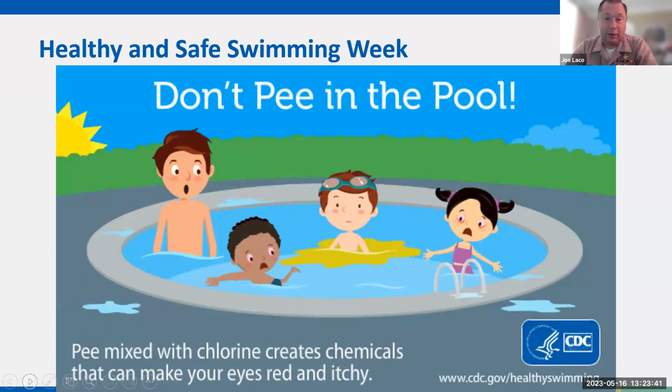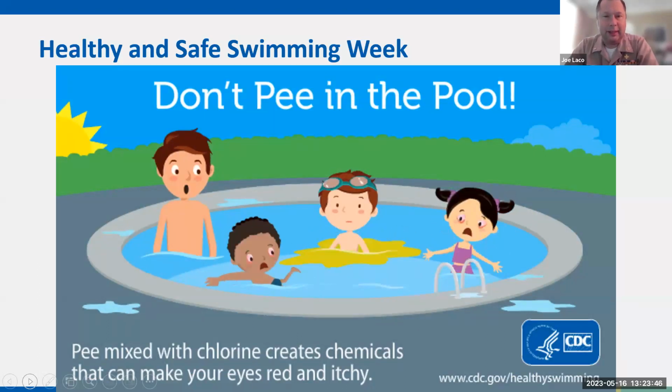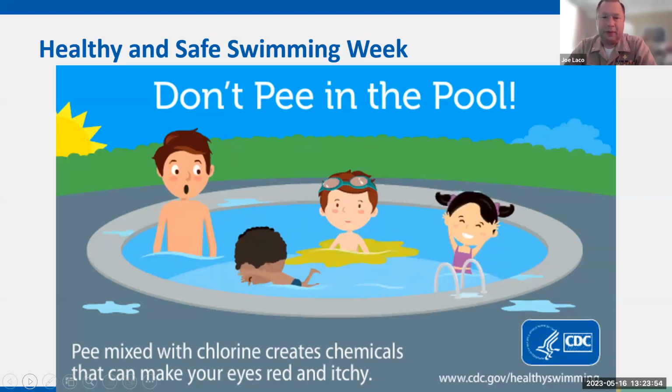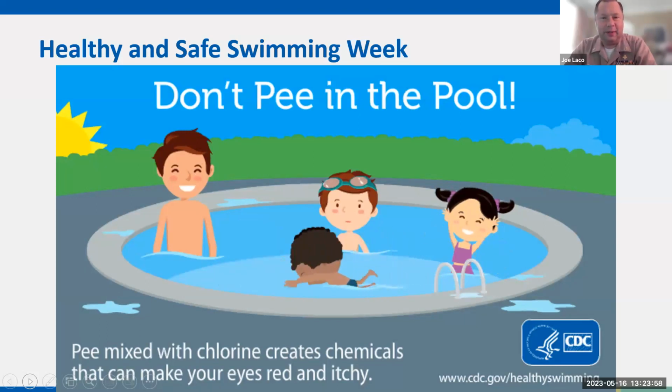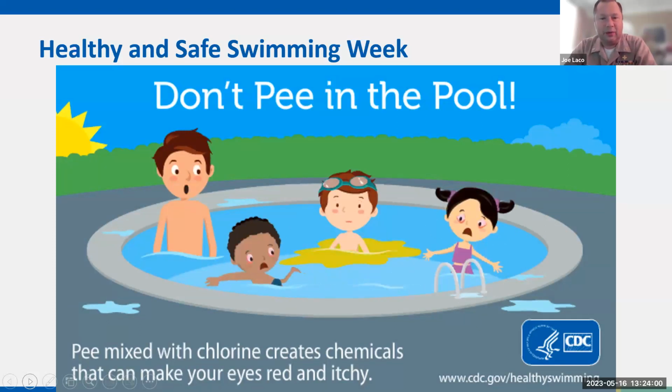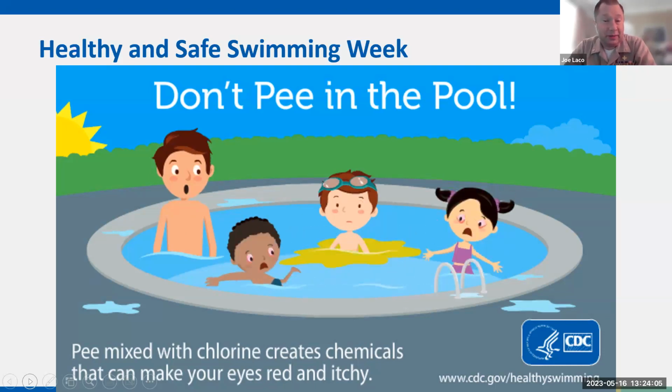And this is another one where a kid, the guy there in the middle in the background, he wants to pee in the pool. And as we know, urine, when mixed with pool chemicals, can create other byproducts that could have a negative health impact on us. So pee mixed with chlorine creates chemicals that are called chloramines that can make your eyes red and itchy.